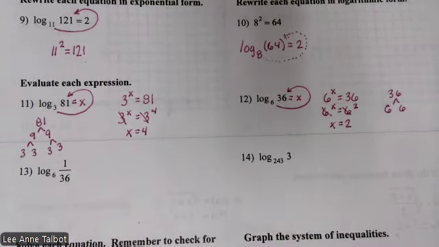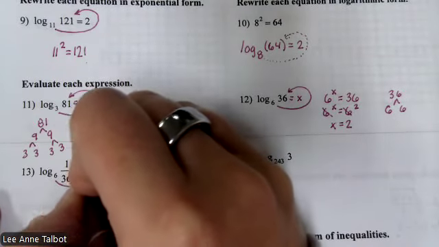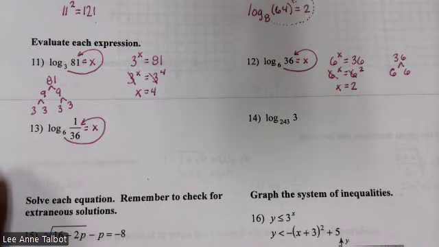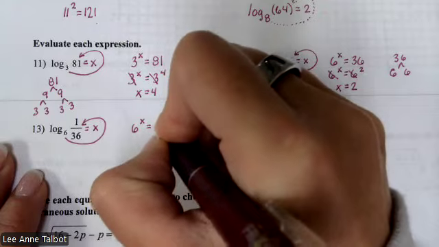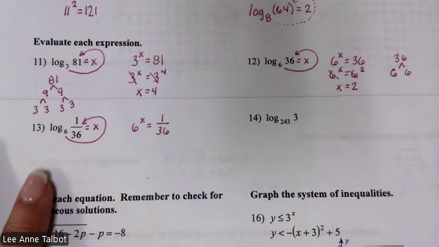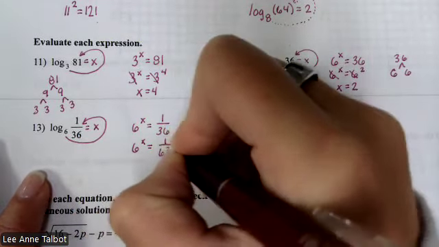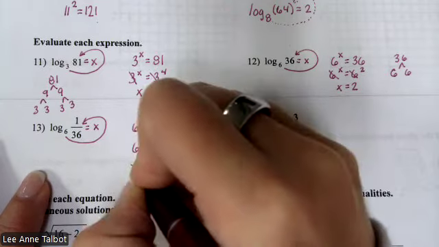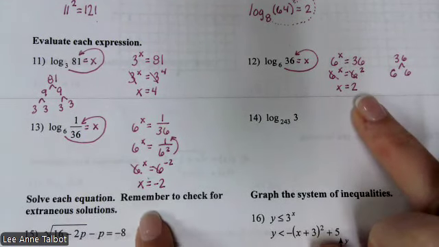Okay. Now, Mrs. Talbot sometimes is a genius. And I put number 12 and 13, one right after the other on purpose. Can you see why? Positive 2, negative 2.